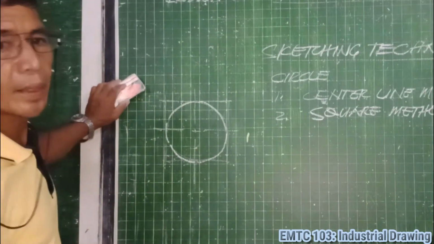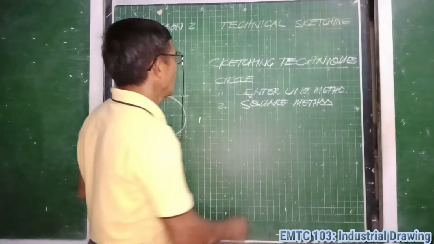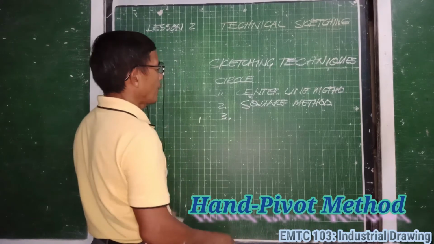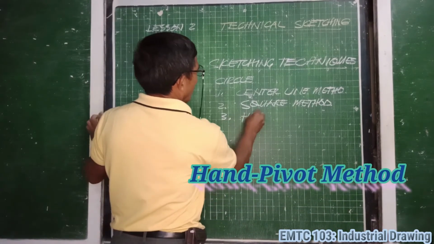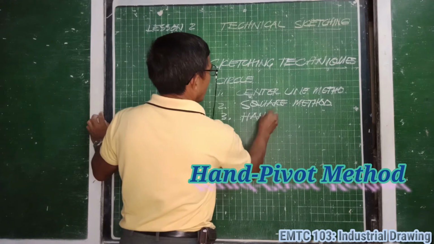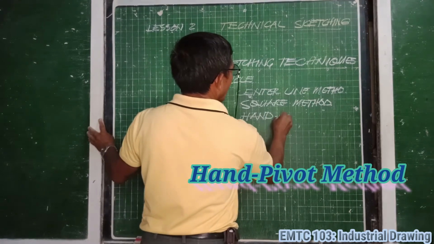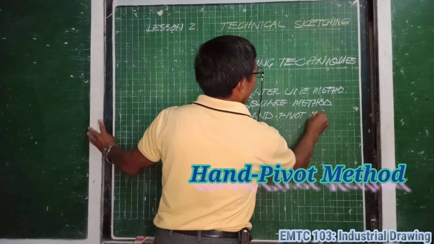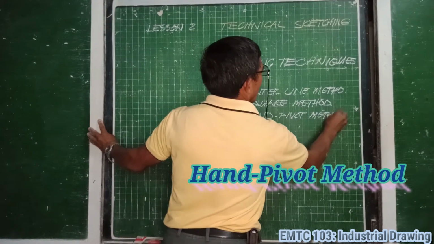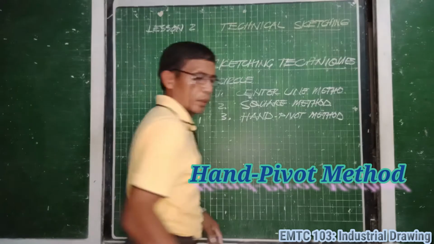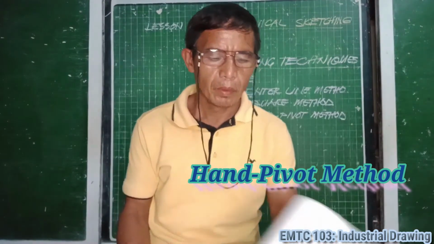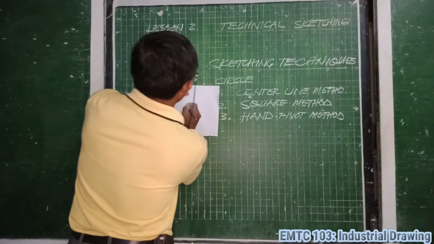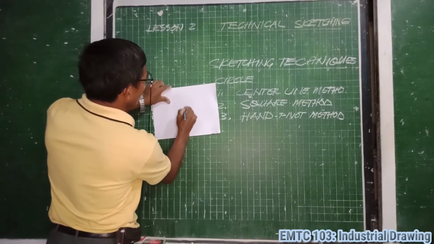Another method is what we call the hand pivot method, wherein you are going to use your finger. So you are going to mark the center of the circle.